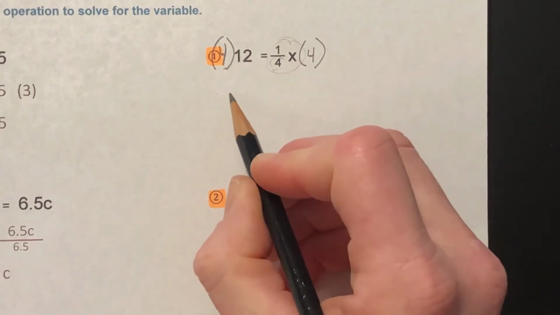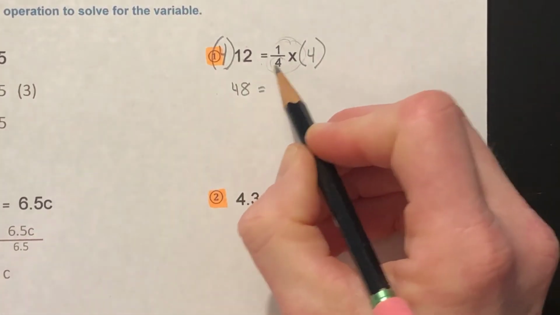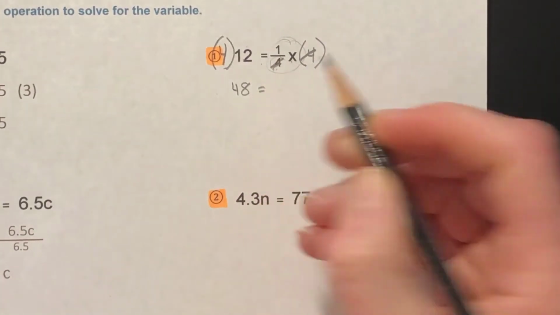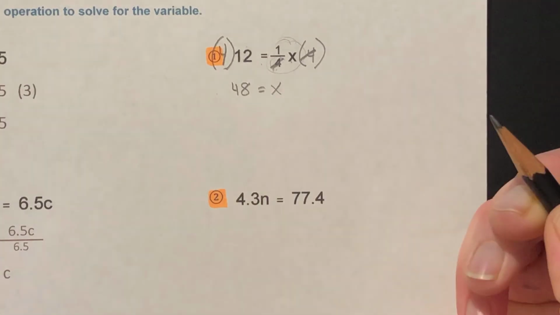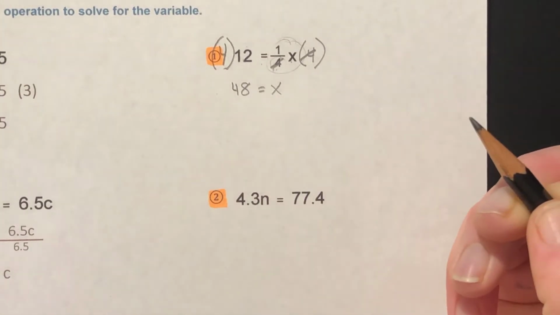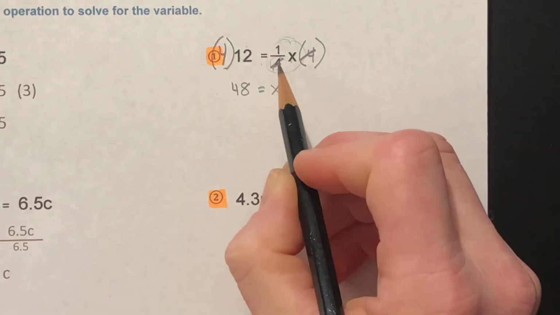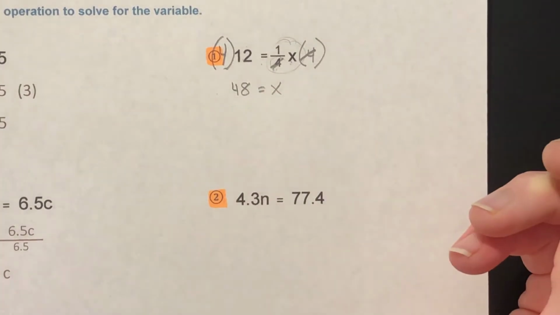4 times 12 is 48 equals, we got rid of the bottom number. They canceled out. So now we're left with 1x, or just x. And what do you know? We solved the problem. Basically, that says 1/4 of a number is 12.